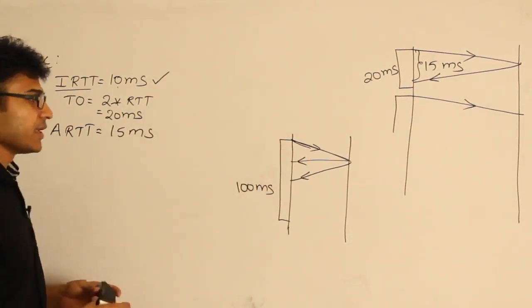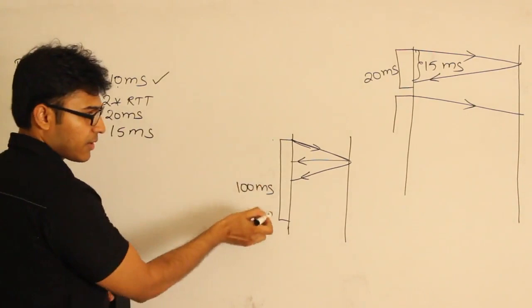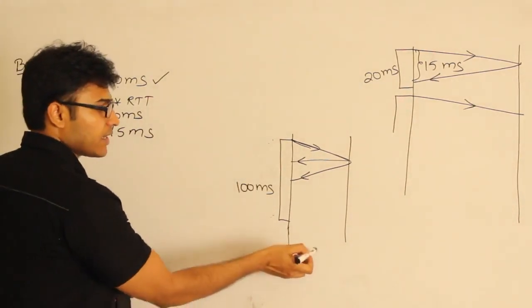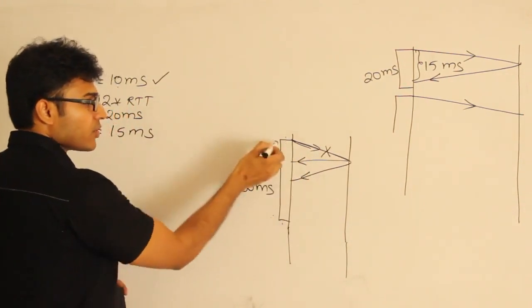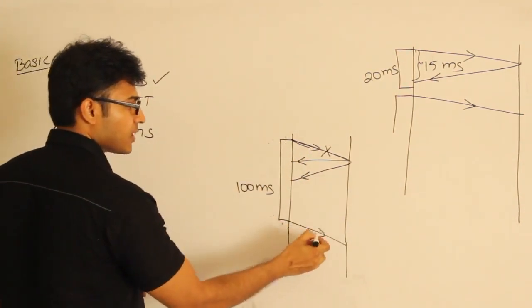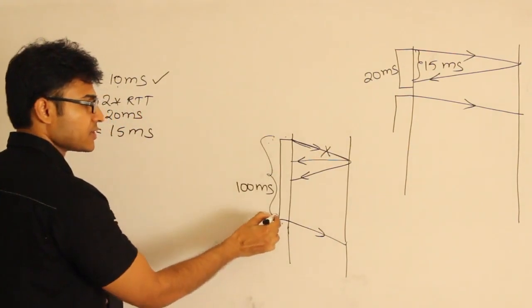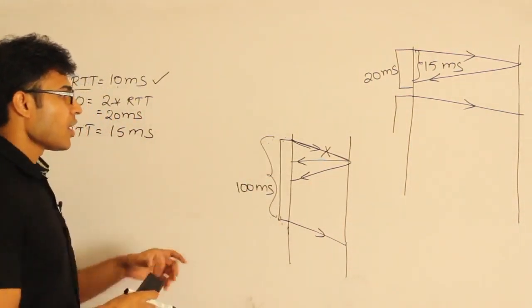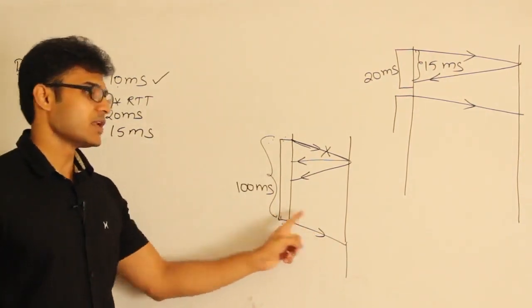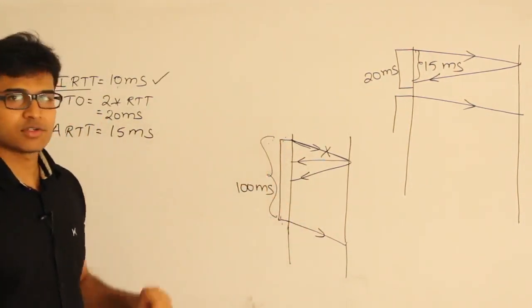The reason is, if I go with this big timeout timer, then in case the packet is really lost, I will not be able to retransmit it for a long time. It is unnecessarily a lot of time wasted. Therefore, if the timeout timer is very long, then the lost packets will be retransmitted very late. So this entire time is a waste of time.